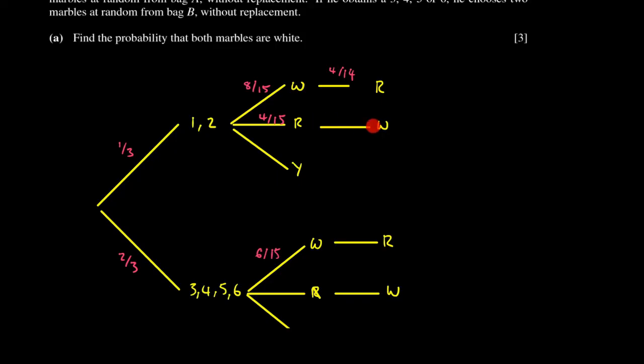And what would this probability here be of having a white? Well, we haven't selected a white yet, so there are still 8 whites remaining, but there are now 14 marbles in the bag. So it's going to be 8 upon 14, because we've got 8 whites out of a total of 14 marbles.